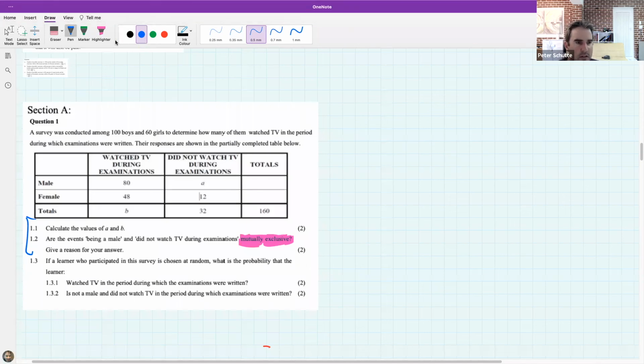So it says in the question, there's 100 boys and 60 girls who are being surveyed, and we're comparing gender versus whether they watch TV during exams.